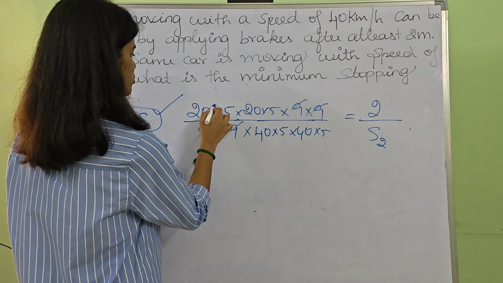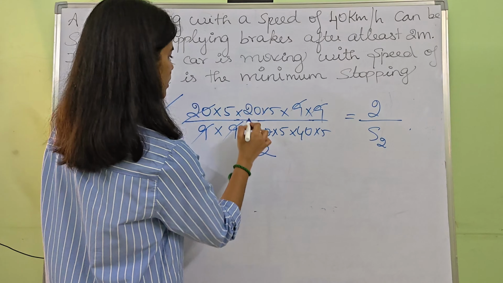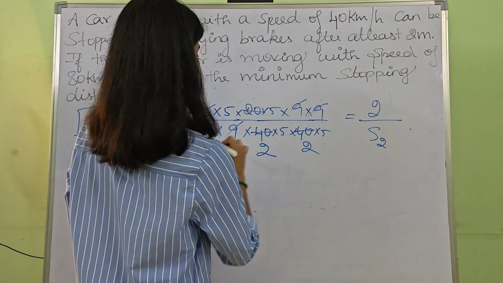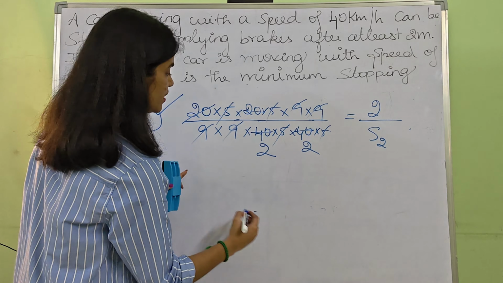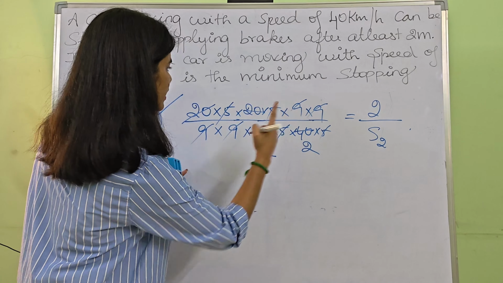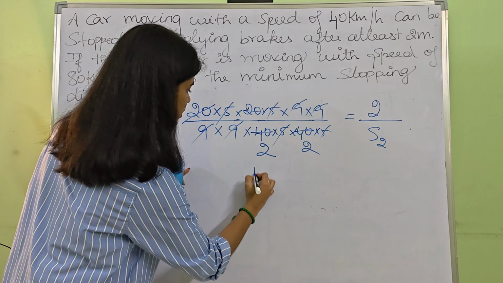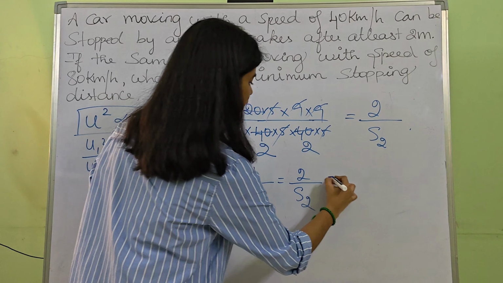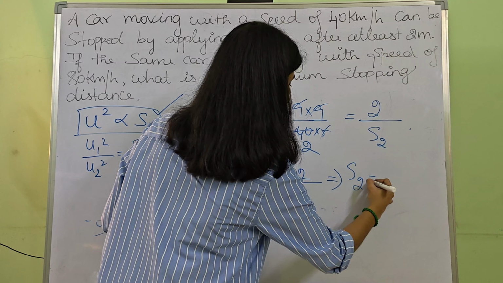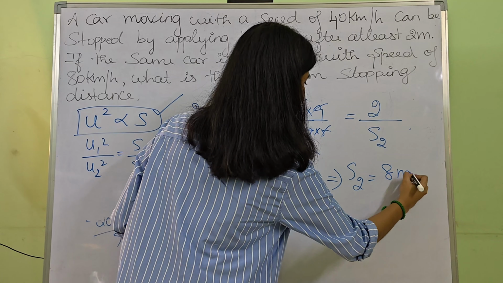Again cancel. So your 2 will be there, and this one again 2 will be there. So 5, 5 get cancelled, 5, 5 get cancelled. So in the numerator we don't have any number remaining, and in the denominator we only have the 4. So 2 by S2. So finally, the minimum stopping distance S2 is 8 meters.